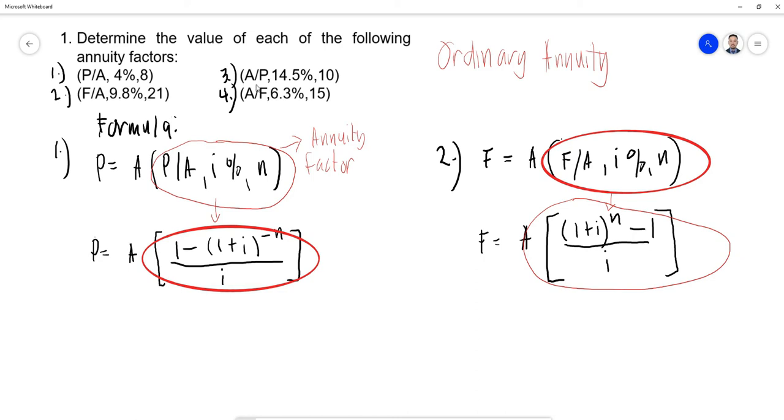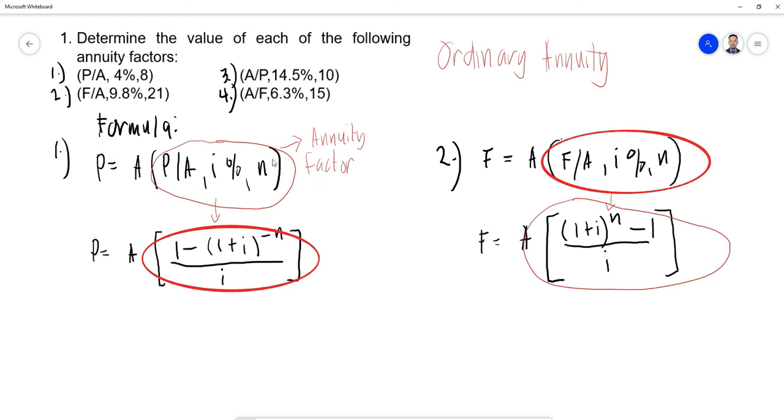Number 3, A given P at 14.5% at 10 interest periods. And number 4, A given F at 6.3% at 15 interest periods. So we will use the formulas for ordinary annuity, and we are going to solve for the annuity factor.